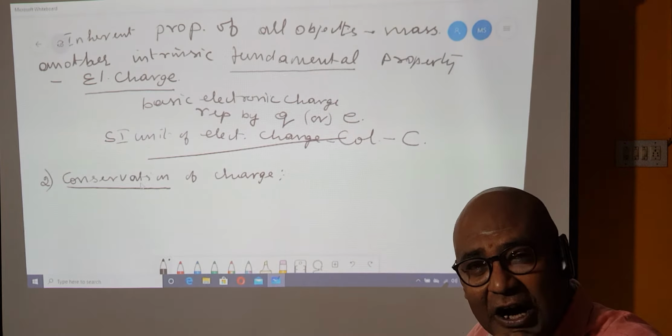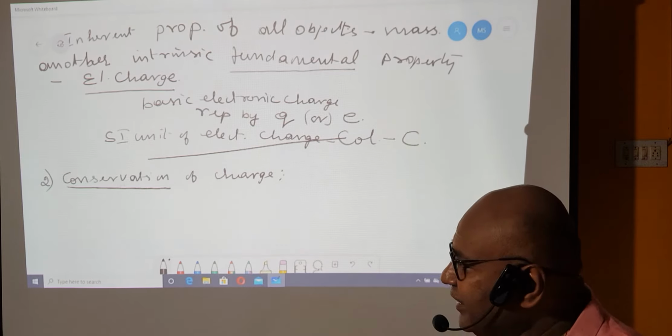How can the law of conservation of electrical charge be defined? Let us define it.